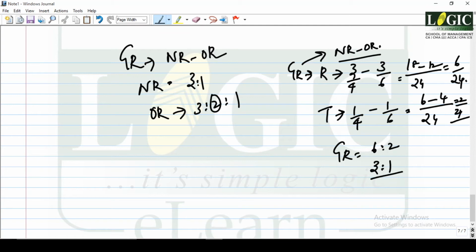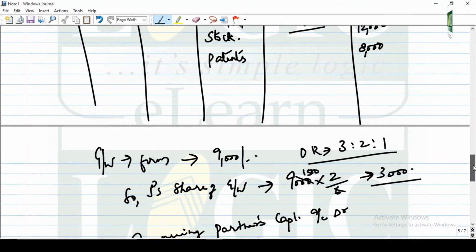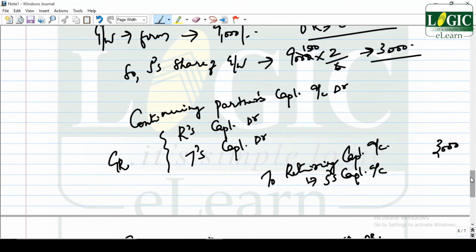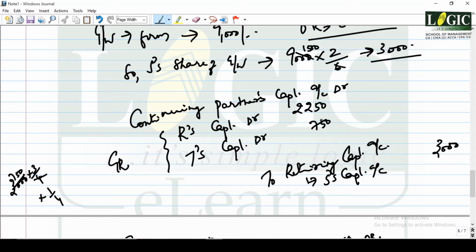Okay, now what is to be done? 3:1 is the ratio. 3000 is to be divided in the ratio 3:1, that is 3/4 and 1/4. So it will be 2250 from the first man's pocket and 750 from the second man's pocket, and it should go to S, totally 3000.